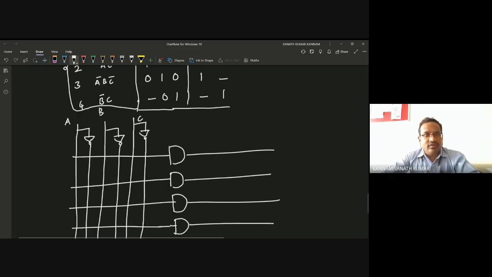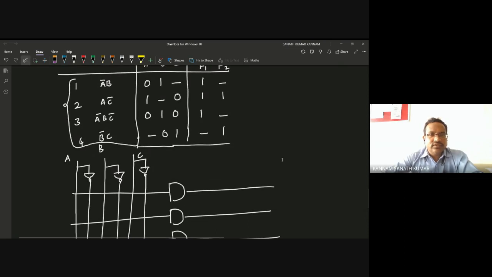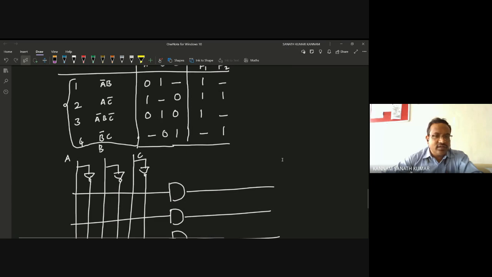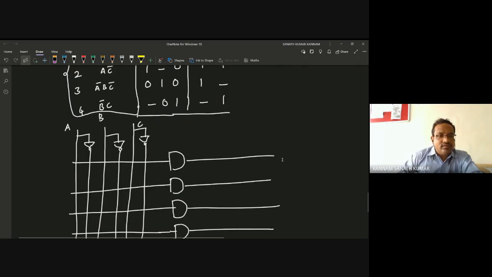If you see the first term, that means A bar B. So this is nothing but A bar B. This one is A bar, this is B bar, and this is C bar, the complemented form. So this is A bar and this is B. Here you are getting A bar B. What is the next term? AC bar.